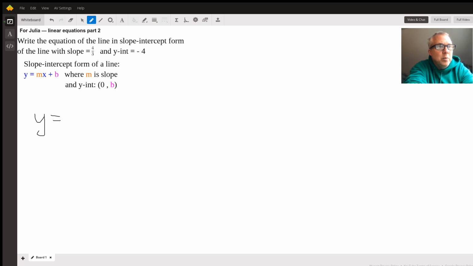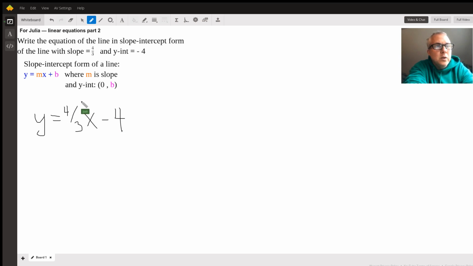They tell us that the slope must be 4/3. So that's going to be the coefficient for x, 4/3 x. And then b is -4. So we can either write that as plus -4, or more commonly and more easily, we'll just write -4.